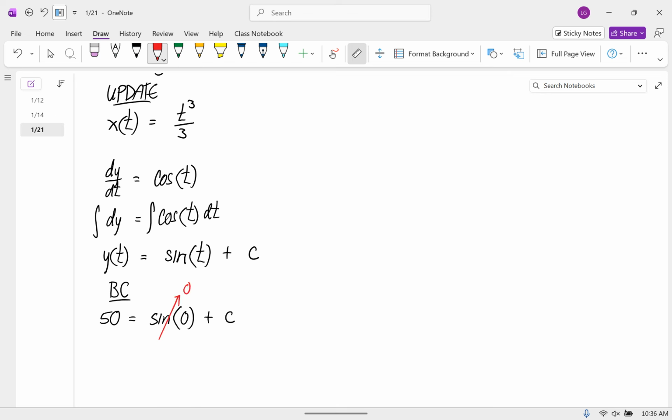Sine of 0 is 0. And so C is equal to 50. And so now update, and you get that y as a function of time is equal to sine of t plus 50.